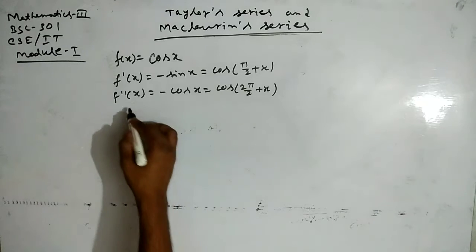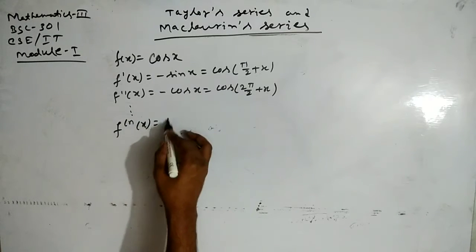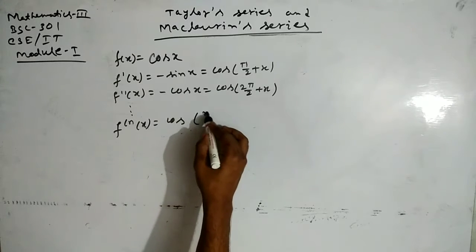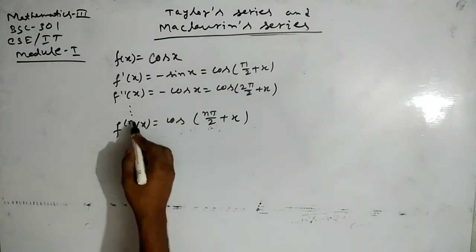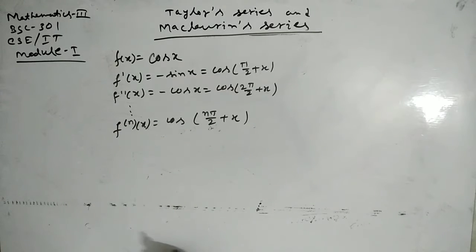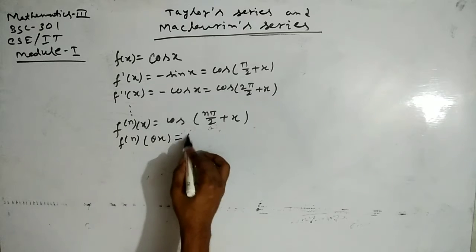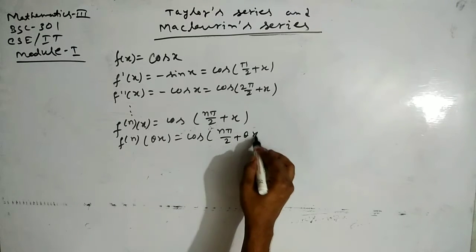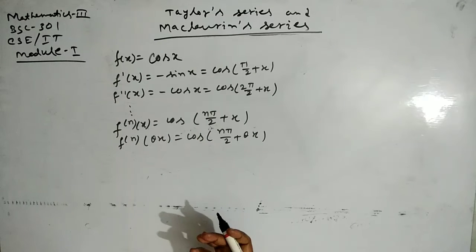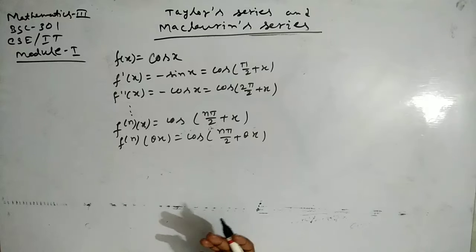So in this way we can write f n x will be cos of n pi by 2 plus x. So this is the nth order differentiation of f x, and f n theta x will be cos of n pi by 2 plus theta x. These all are required for writing the Maclaurin's series with Lagrange's form of remainder.